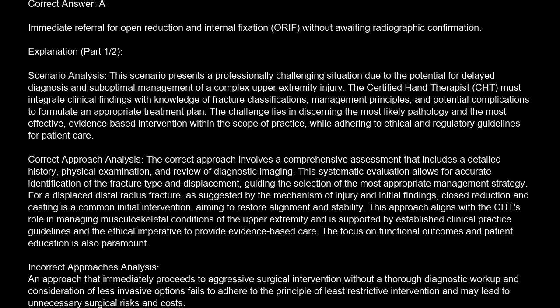For a displaced distal radius fracture, as suggested by the mechanism of injury and initial findings, closed reduction and casting is a common initial intervention, aiming to restore alignment and stability. This approach aligns with the CHT's role in managing musculoskeletal conditions of the upper extremity and is supported by established clinical practice guidelines and the ethical imperative to provide evidence-based care. The focus on functional outcomes and patient education is also paramount.